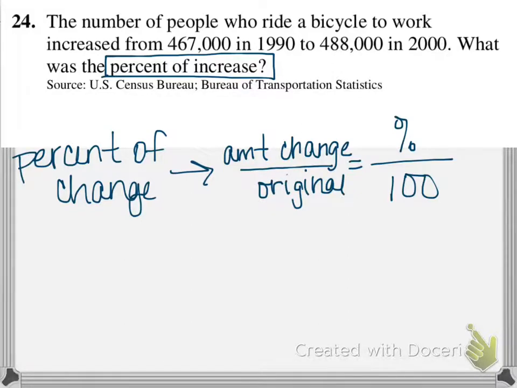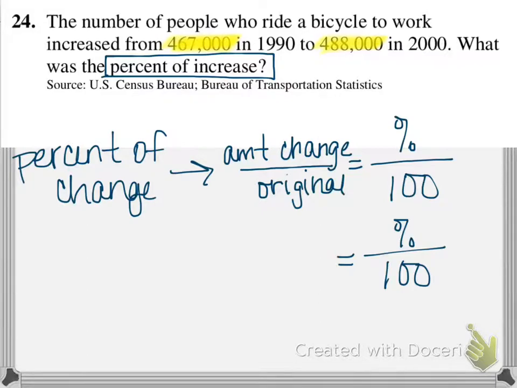So for this particular problem, we don't have a percent, because that's what we're being asked to find. The amount of change, so there was an increase from 467,000, I'll go ahead and just highlight that, to 488,000. So how much of a change is that? Well, we actually have to do some subtraction.